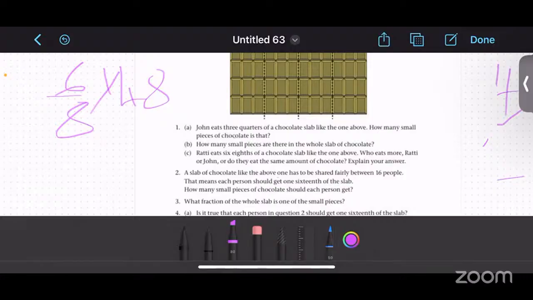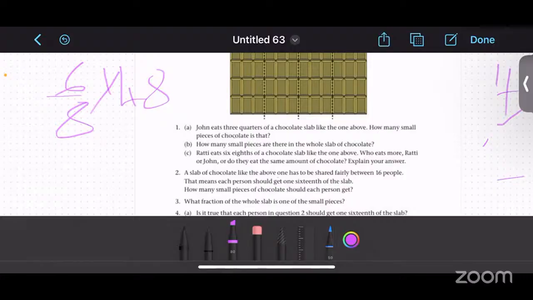So now your answer is correct. I'm agreeing with you. So you're saying the answer is going to be 36. Remember, the main aim of multiplying the 6 out of 8 was because they said Rati is going to eat 6 eighths, which is 6 out of 8, right?